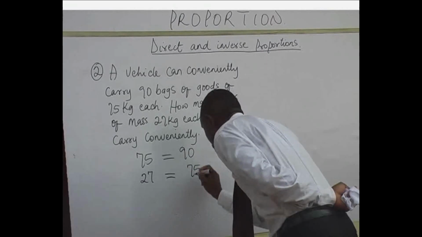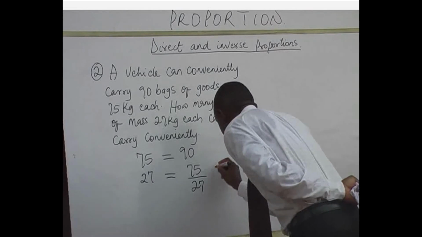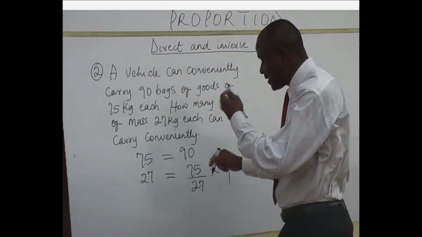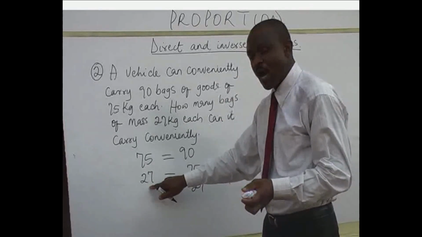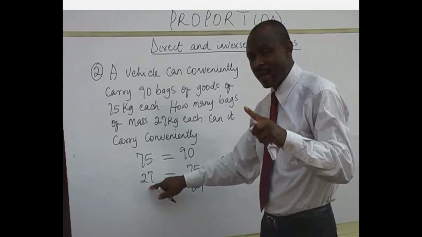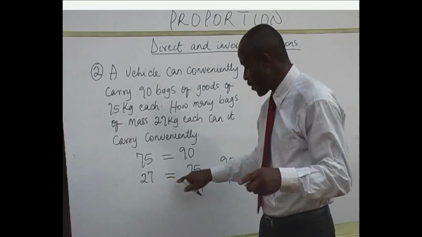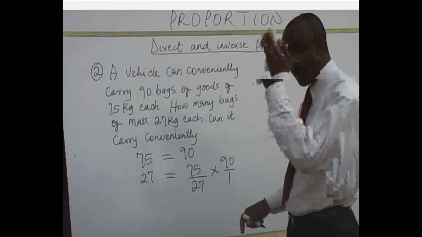75, which is more, divided by 27 times 90 all over 1. This is inverse proportion. When less, less we divide. But if it were in direct proportion, when less, more we divide, you could have had this 27 on top and 75 down to multiply 90 all over 1.